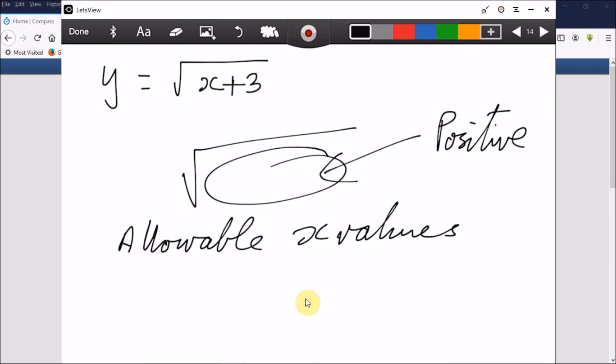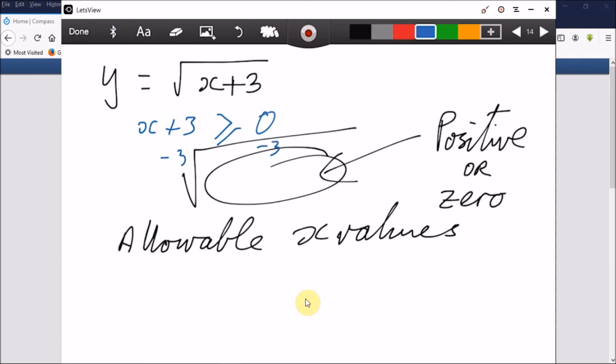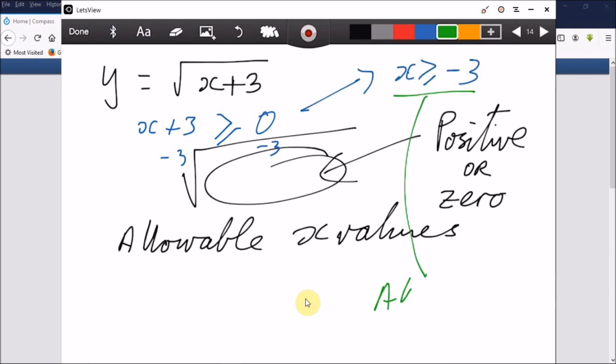Then what we know is that x plus 3 has got to be positive, but that's not quite correct because it can be 0, because the square root of 0 is 0. So x plus 3 has got to be greater than or equal to 0. If we take 3 from both sides, x has got to be greater than or equal to -3. And these numbers here are called the allowable x values.